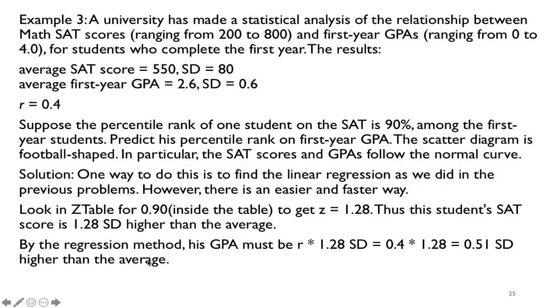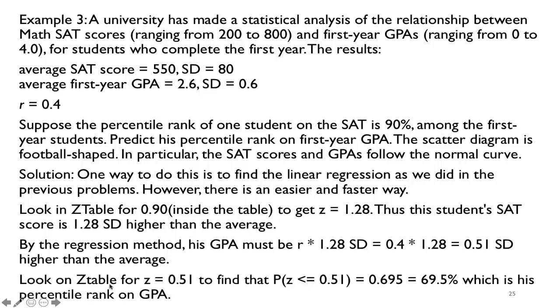So again, this is the regression effect. Even though they did much better on the SAT, which is 1.28 SD higher, their performance on the GPA is only 0.51 SD higher than the average. And so now we look in the z table for z is 0.51 and find that the area below 0.51 is 0.695, which means that this student has a percentile of about 70% on the GPA.